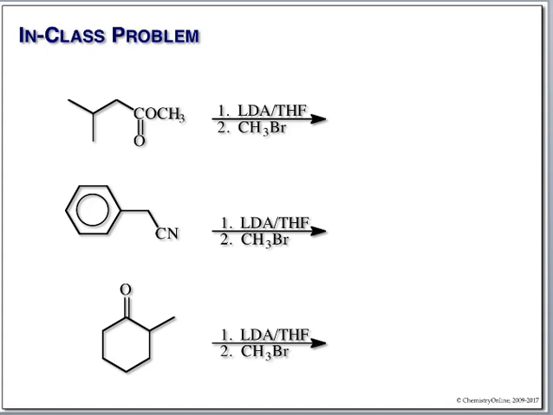All right, our first one, LDA is going to make the enolate of this ester, and the negative charge will be here on the alpha carbon. That will attack bromomethane, and that will be our final product.